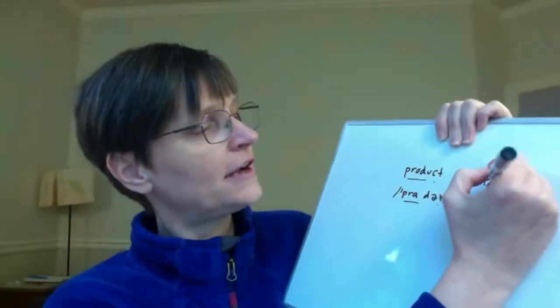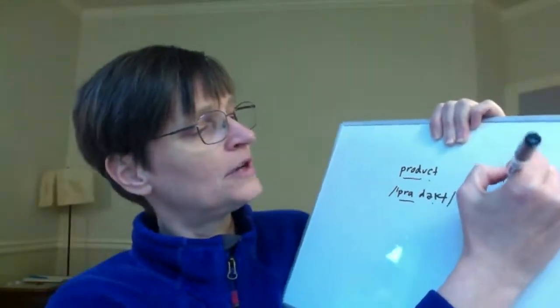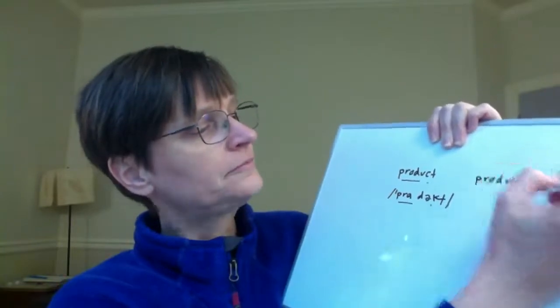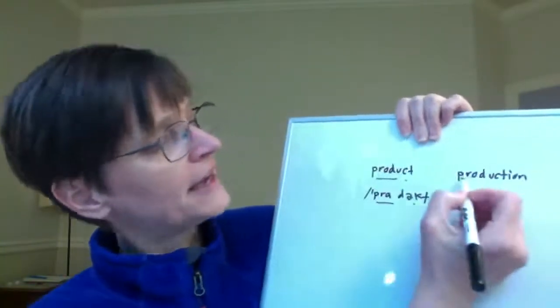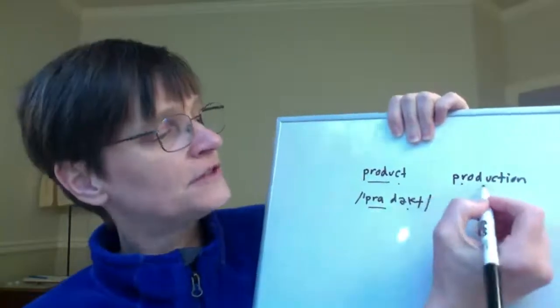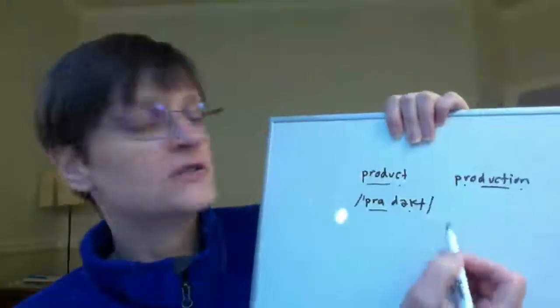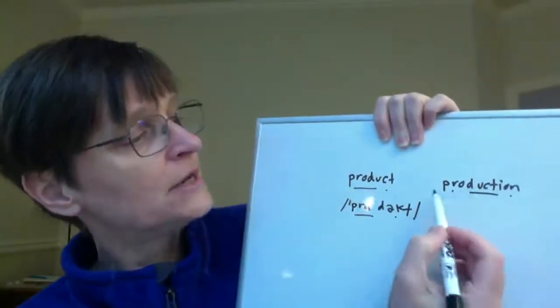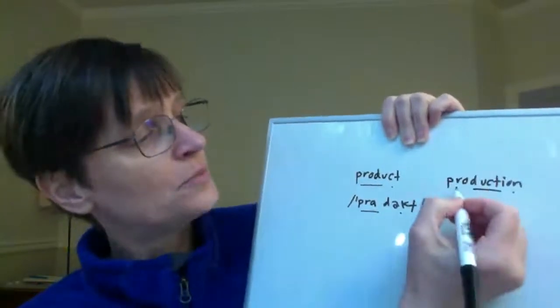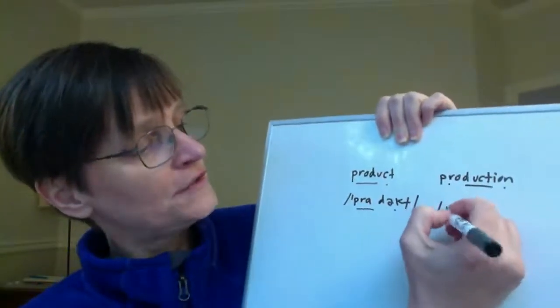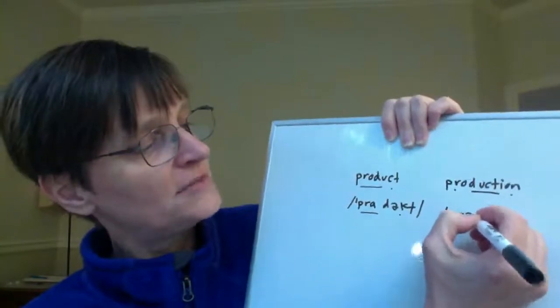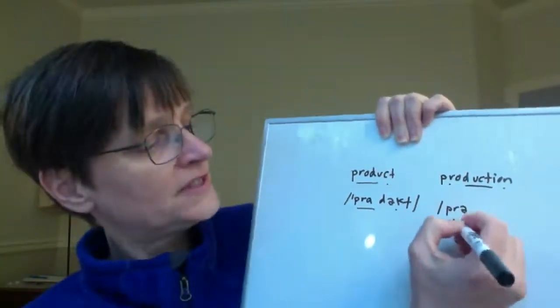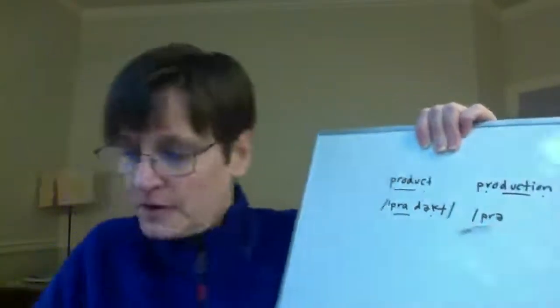But if I look at the word production, then I have second syllable stress. The first syllable is shorter and the vowel changes. It's no longer product, production, it's production. So my first vowel becomes that schwa sound.